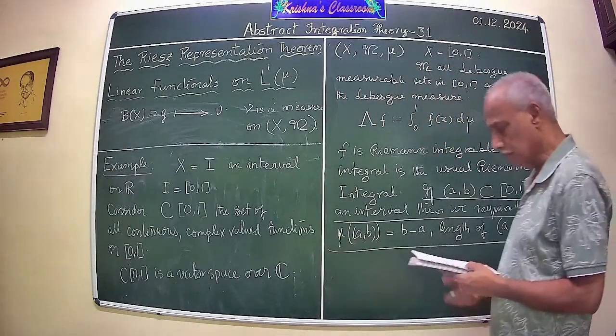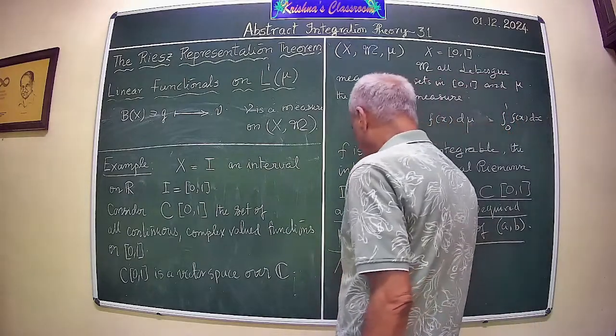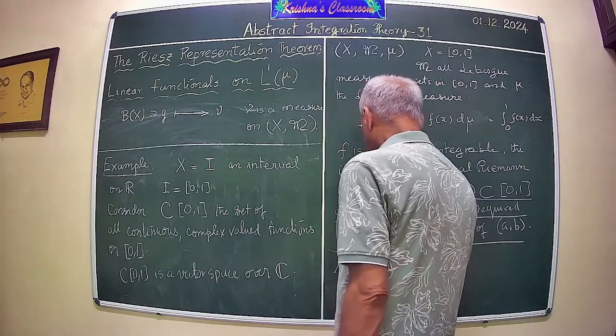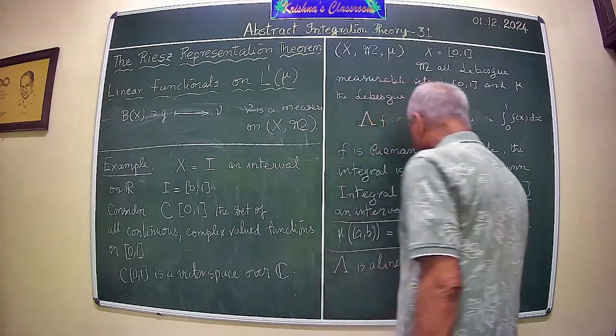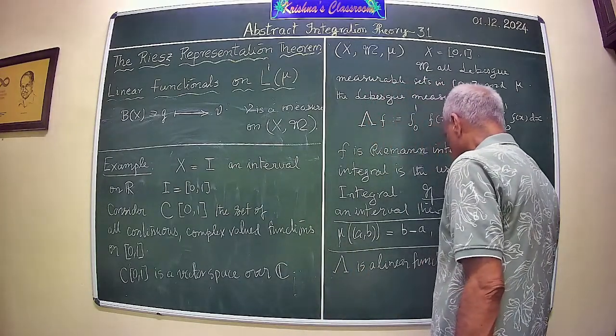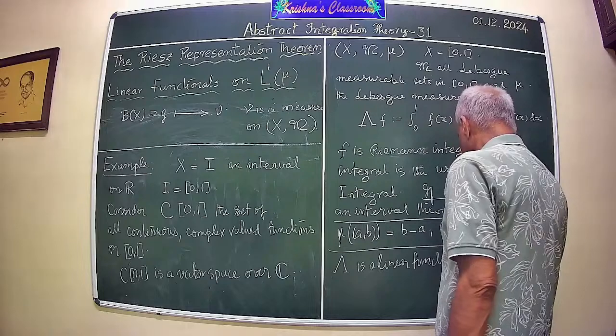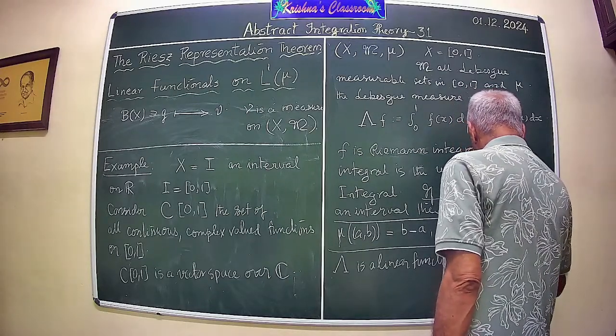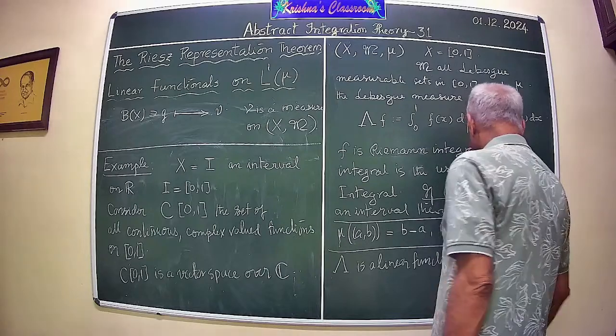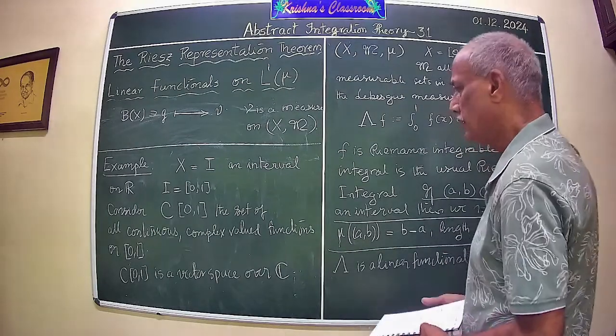So we make an observation. Lambda is a linear functional, and C[0,1] is a linear space.